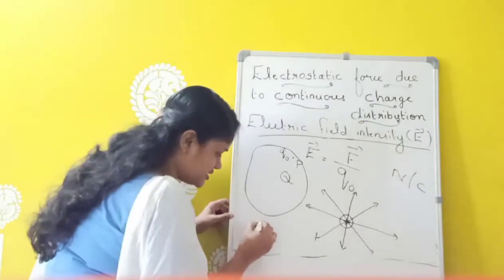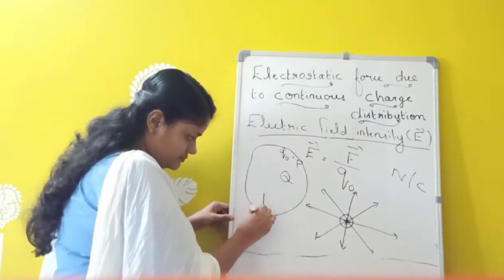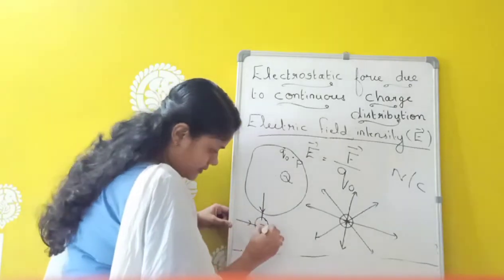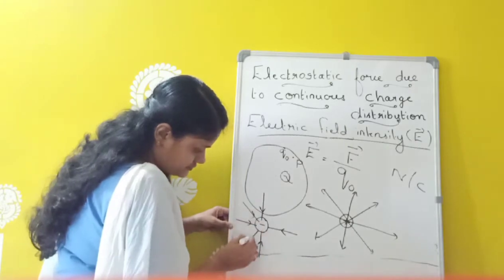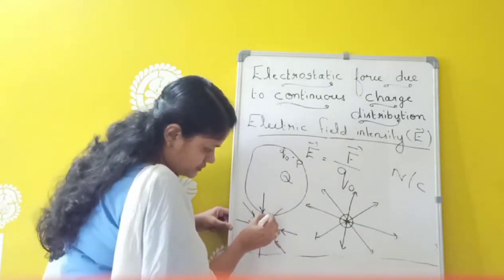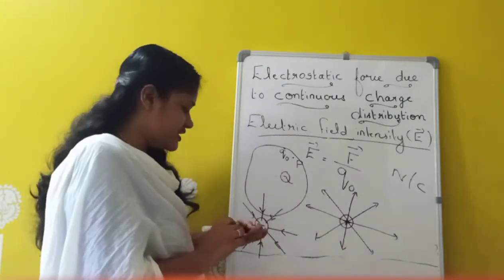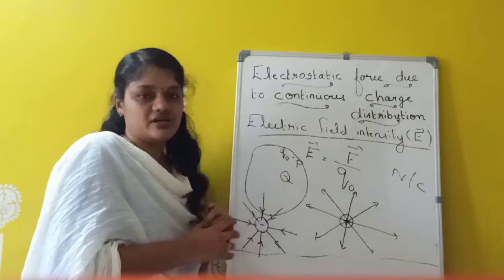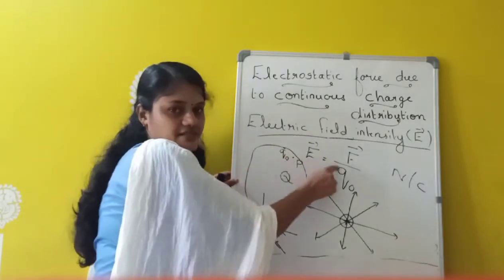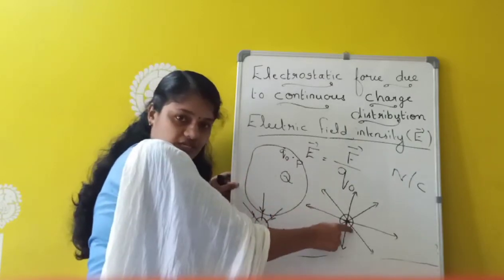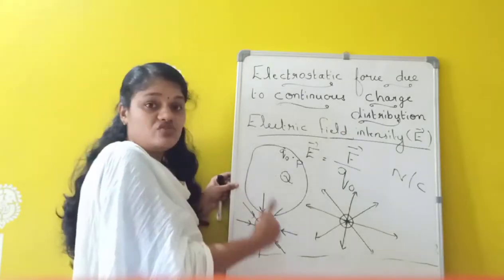Suppose I am taking a negative charge, then the electric field vectors will be acting inward. So in the case of positive charge, field vectors act in the outward direction. In the case of negative charge, field vectors act in the inward direction. This electric field intensity is the force acting per unit charge placed at that point.